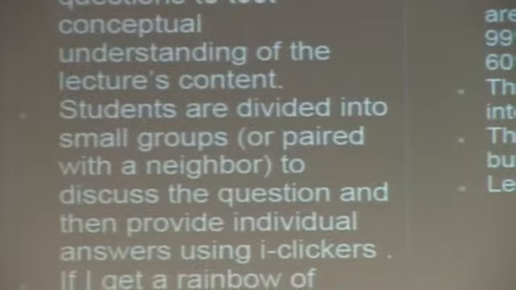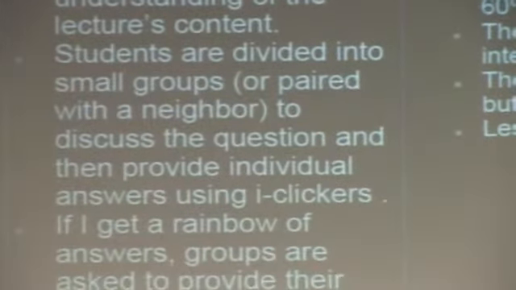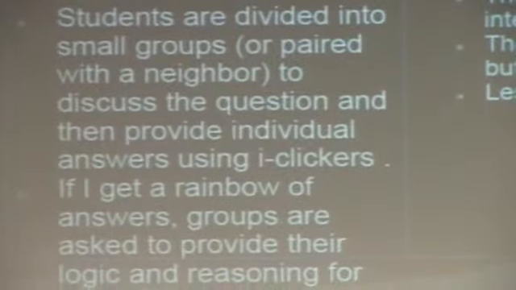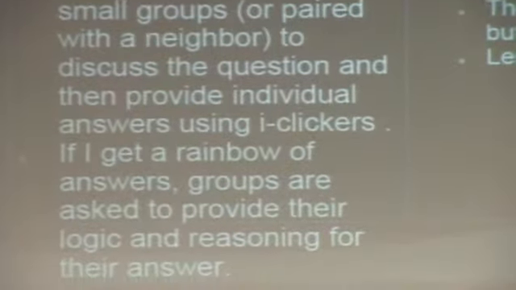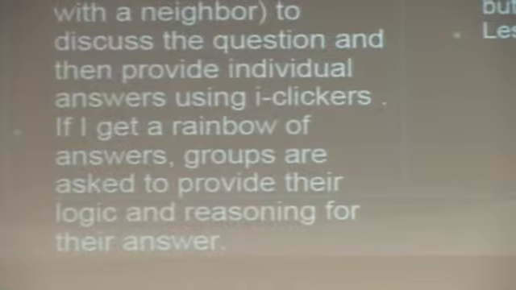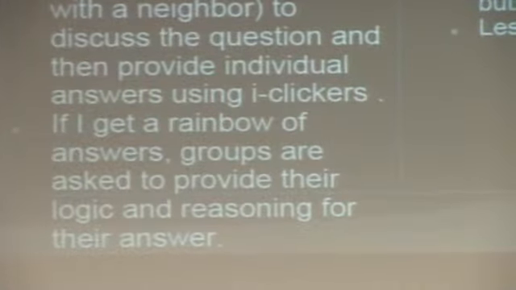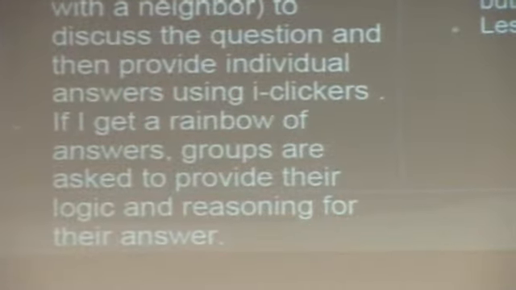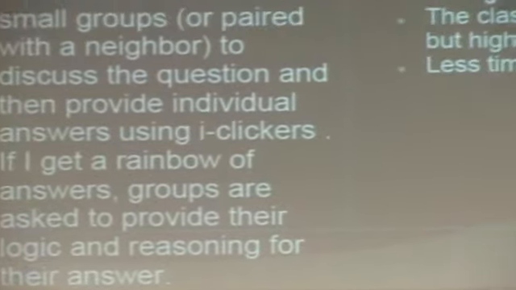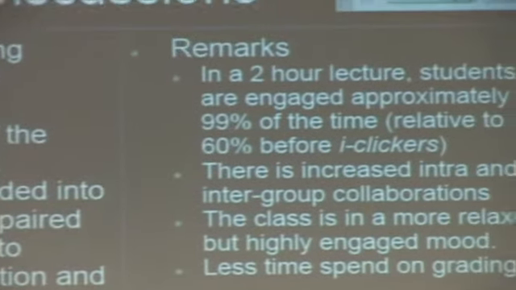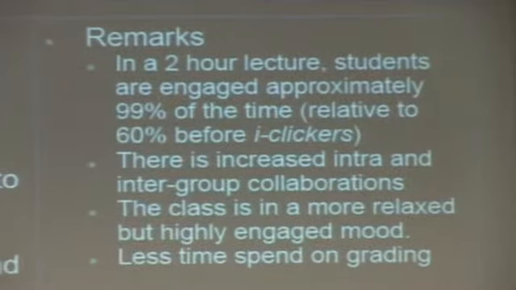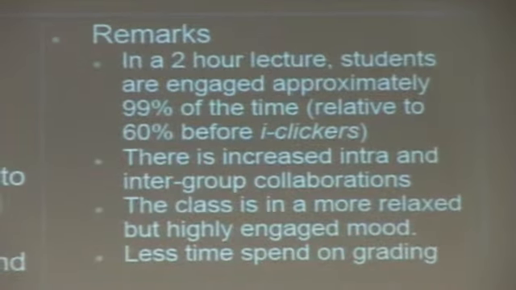They already know that, and they always want their group members to get it right, because if I give them a question and then I click to start, they put in their answers. If I get a rainbow of answers, then I have to go on the board and work out the correct answer. They don't want me to waste their time. They want to go to the next question. So they actively make sure that their group members get the answers correct.